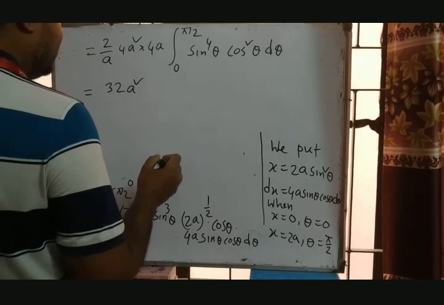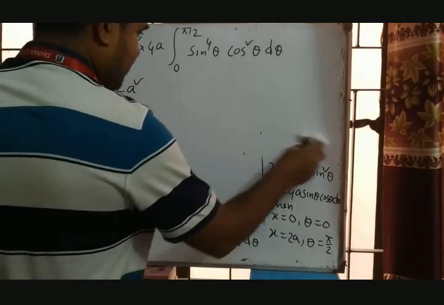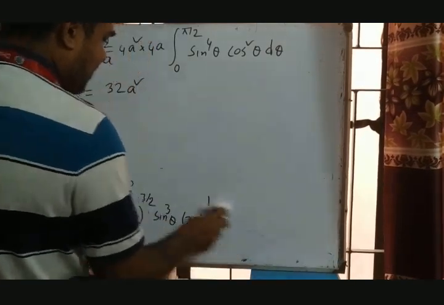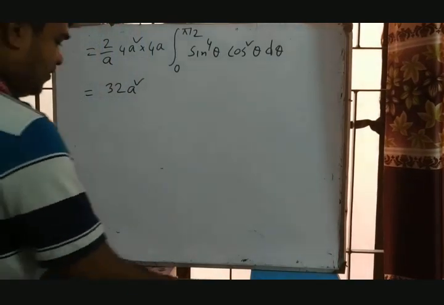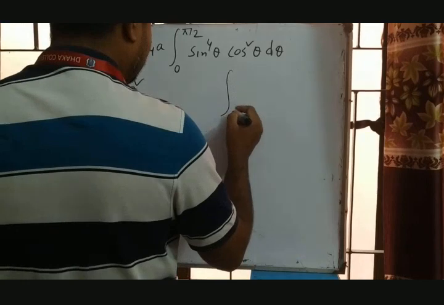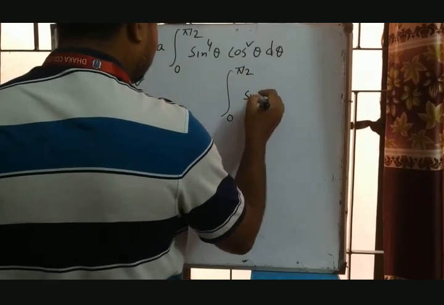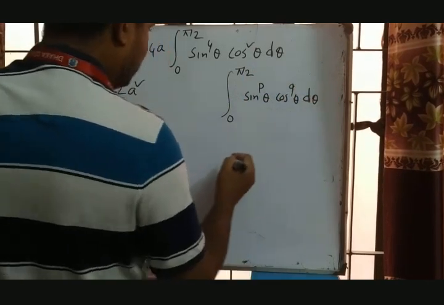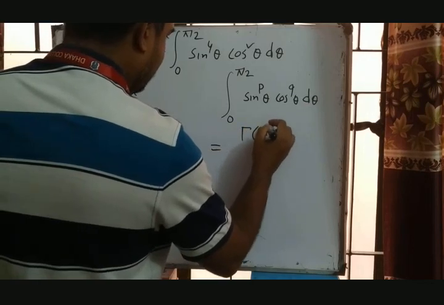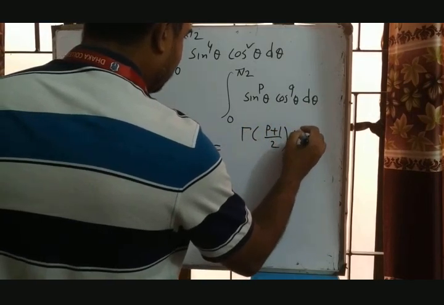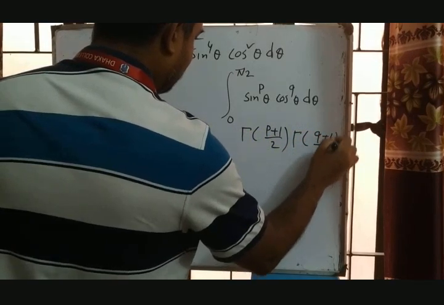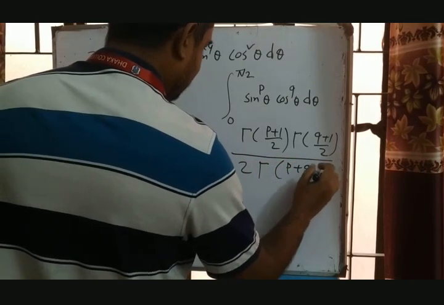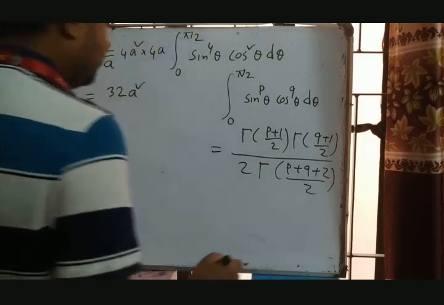Now we have to use the formula which we learned from the gamma beta function. Now we have to apply the formula: integral 0 to pi by 2 of sin to the power p theta cos to the power q theta d theta is equal to gamma of p plus 1 by 2 times gamma of q plus 1 by 2, divided by 2 into gamma of p plus q plus 2 by 2.